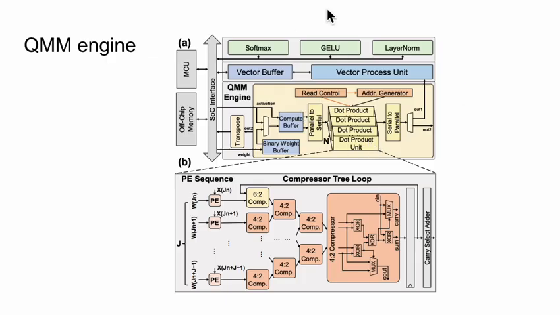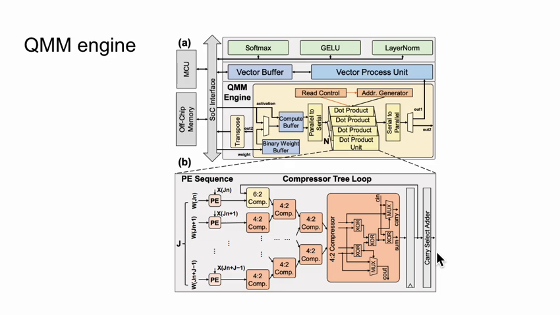The QMM shown in this figure consists of multiple dot product units, or DPUs, which is like here. Each DPU has a PE sequence, which is here, that performs parallel multiplication, and a compressor tree loop, which is here, that efficiently sums partial results.